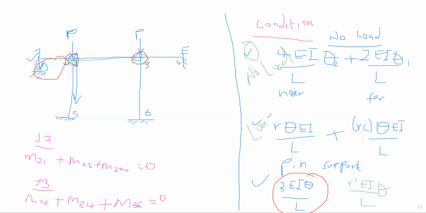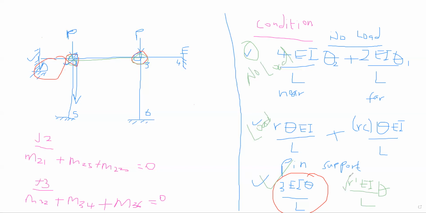Do you get it? When load is passing through it for fixed and middle spans that you don't know the type of support. This is no load. This is when there is load. And the last one is when no load is passing through and you have the far end as the pin.